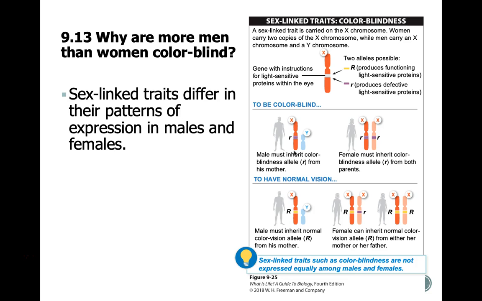When you look at a pedigree, one of the first things I like to do is look to see, are males affected much more often. Usually in a large pedigree, if you have an X-linked disorder, you're going to have lots of males and little to no females that are affected.